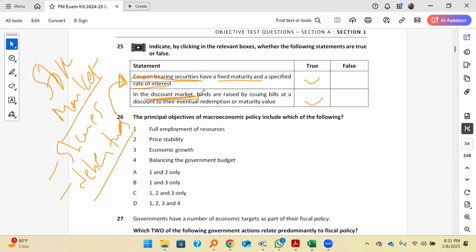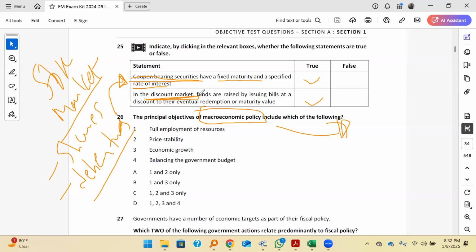So now, we have the principal objectives of macroeconomic policy include which of the following. Again, this is something that is in the videos, but basically that is what government is trying to contend with, and we have some of those things that we talked about there of the fiscal and then monetary policies.